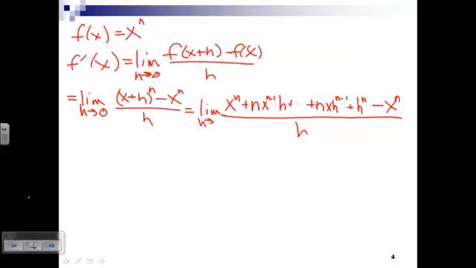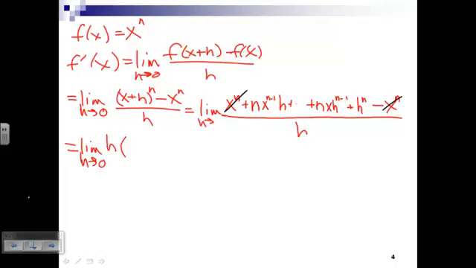Now, what's important about here? Well, when we did problems of this type, what's the next thing that you would do? Cancel that guy out with that guy, right? Yeah. And now you've got a bunch of terms that remain on top, and then what would you do? All of those terms have an h in them, and you would factor an h out.